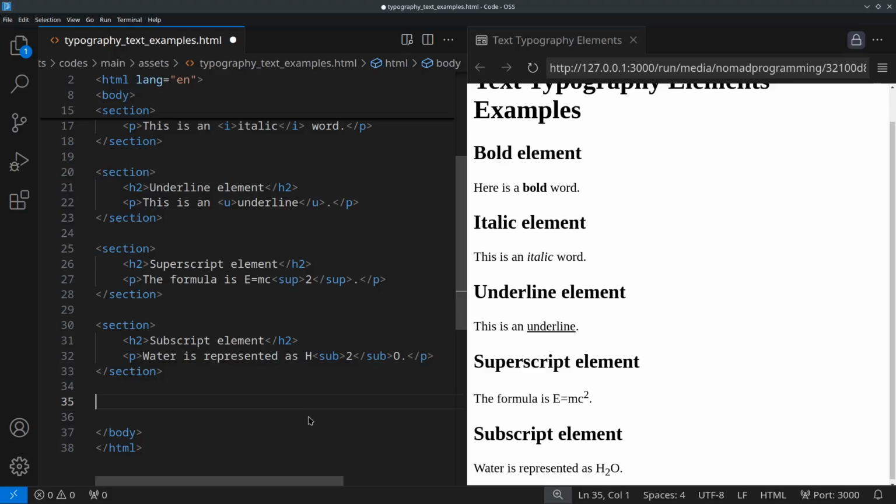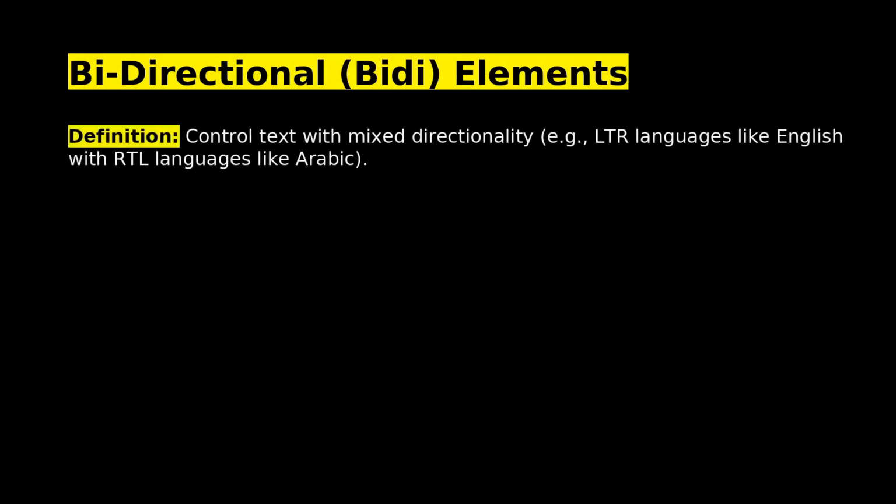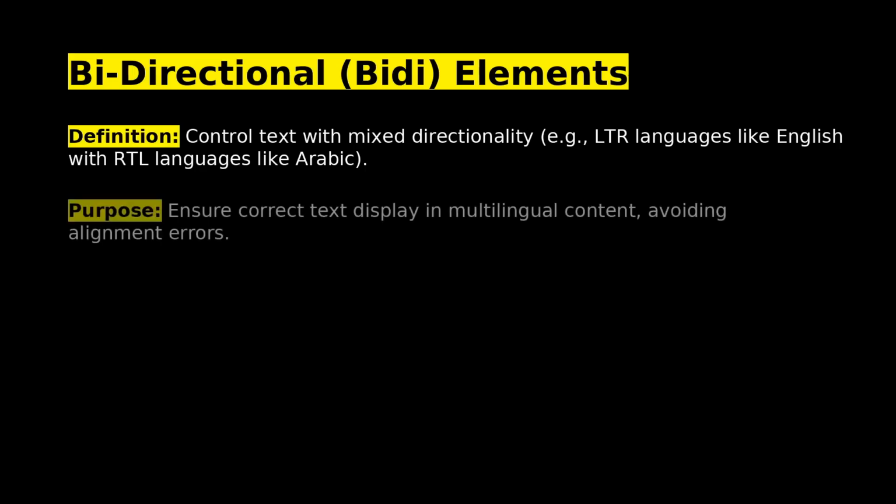We still have more text elements that you might need on your page, such as the bidirectional elements. Bidirectional elements in HTML, such as the bidirectional isolation or bidirectional override, are used to handle and control text with mixed directionality, like combining left to right languages, for example English, with right to left languages, for example Arabic.